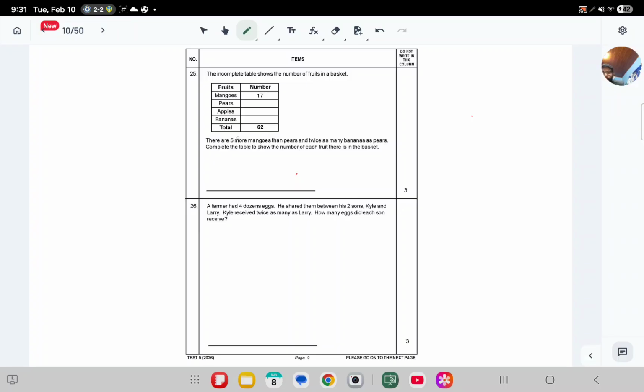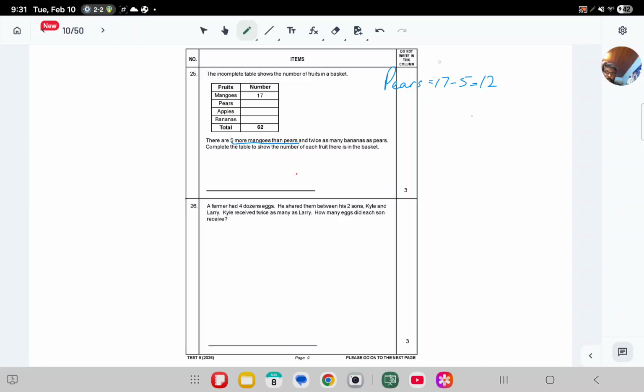So they said there are 5 more mangoes than pears. We know it has 17 mangoes, so pears. If it has 5 more mangoes than pears, that means it has 5 fewer pears than mangoes. So therefore we just subtract. So we have 12 pears.